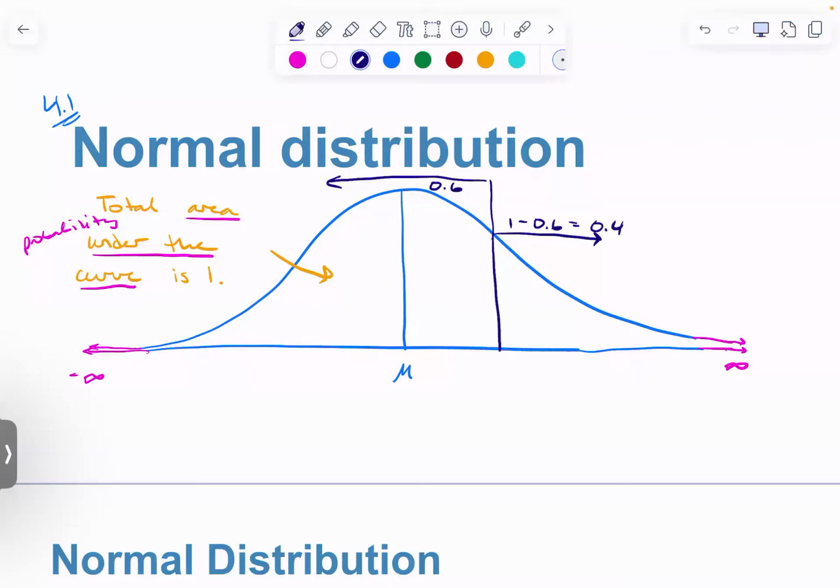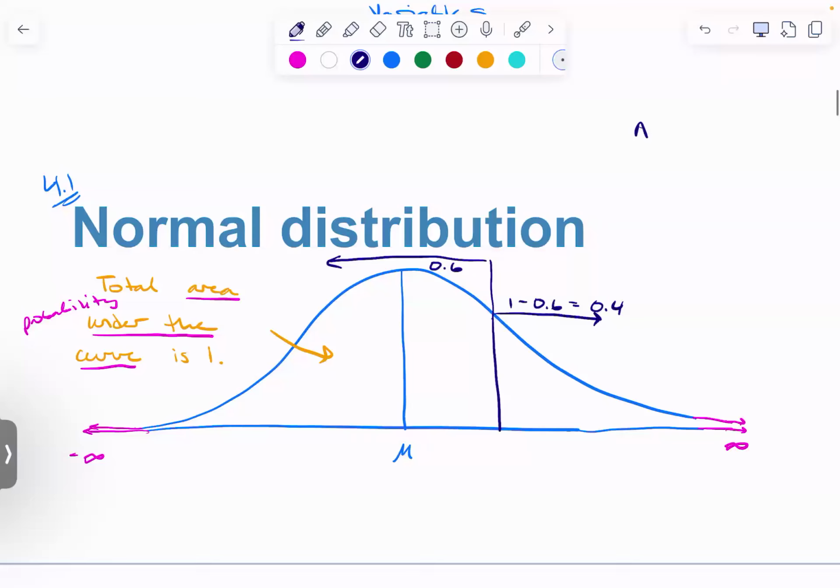Now, because the areas are probabilities, we still only work with decimals. So areas under the curve are probabilities. What do we know about probabilities?